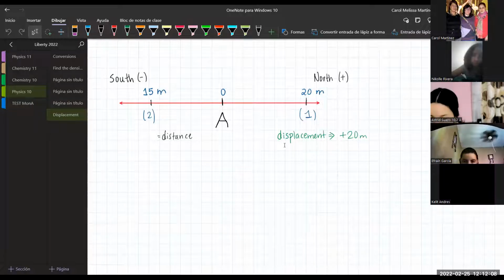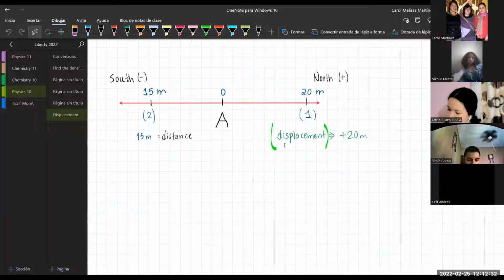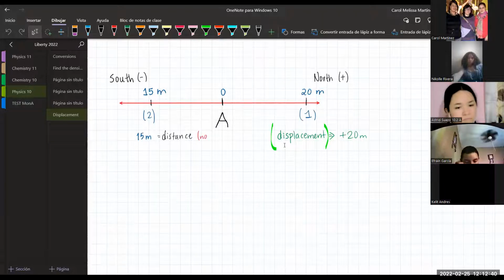When we talk about distance, we don't care about the sign. The only one where we will consider the sign is displacement. When I talk about distance, I talk just about the number. So in this case, the distance is just 15 meters. It doesn't matter if it's to the right, to the left, south, north. When it's about distance, no signs are included. When it's about displacement, yes, you have to include the signs.